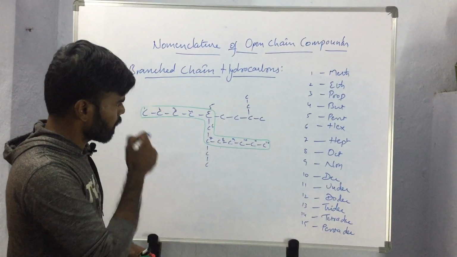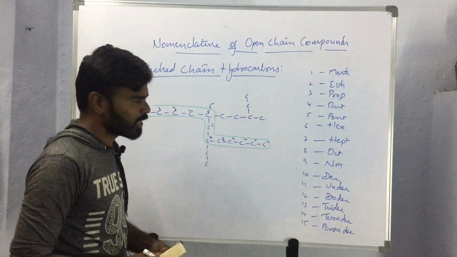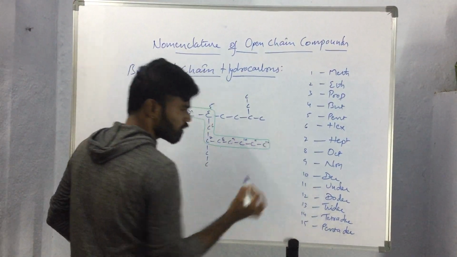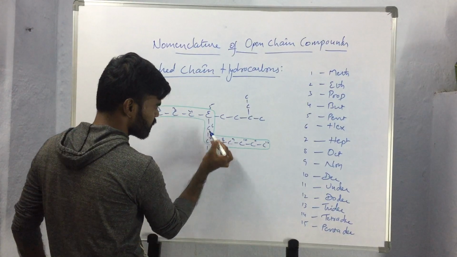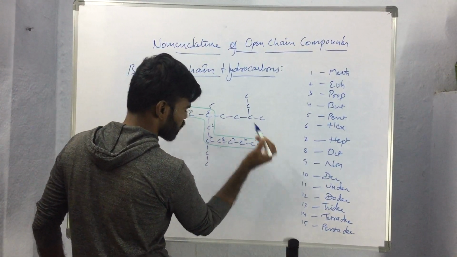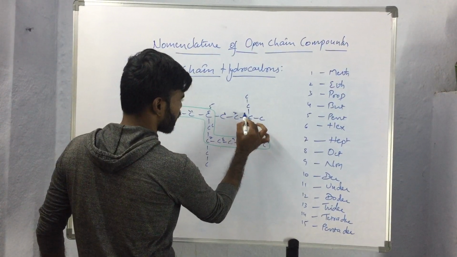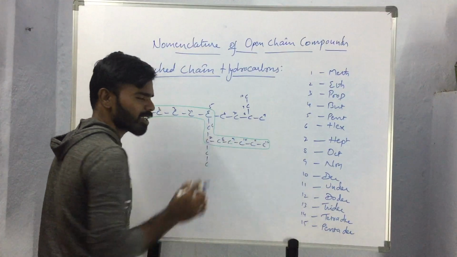If we see this example, here also this will be the longest possible continuous chain, because 5, 6, 7, 8, 9, 10, 11, 12 carbon atoms. Then if we go like this, 6, 7, 8, 9, only 10 carbon atoms. If we continue like this also, only 9 carbon atoms will come.